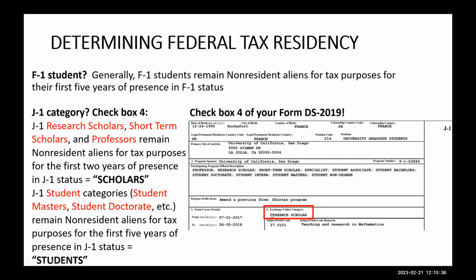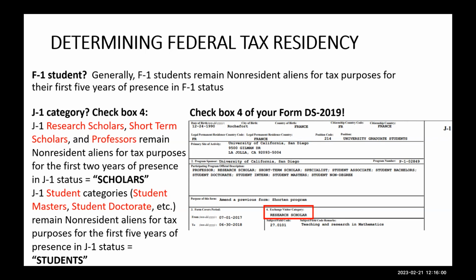So you look at box 4 on your DS 2019. Here's a picture with the red box here, and that indicates your category. So if there's a category such as student master's, student doctorate, student intern, student undergraduate, those are student categories, and the 5-year exclusion applies to you all.